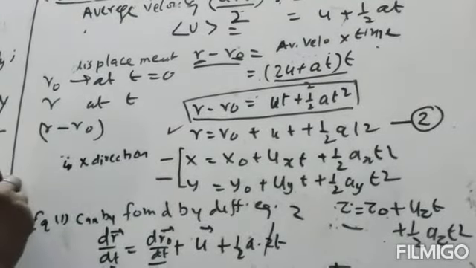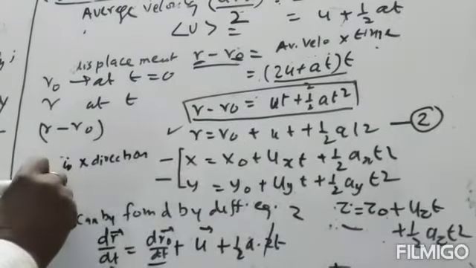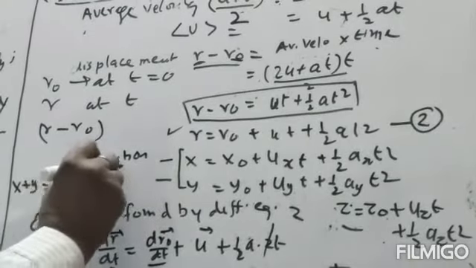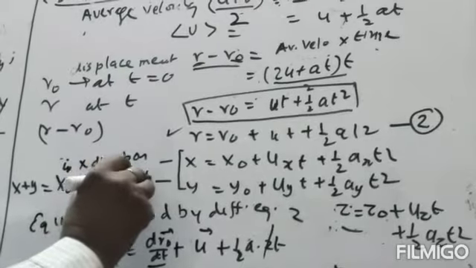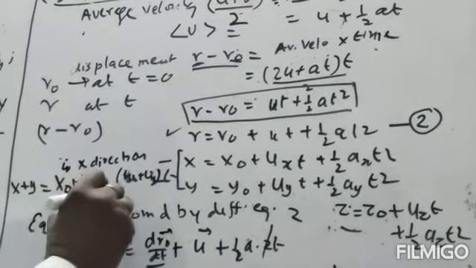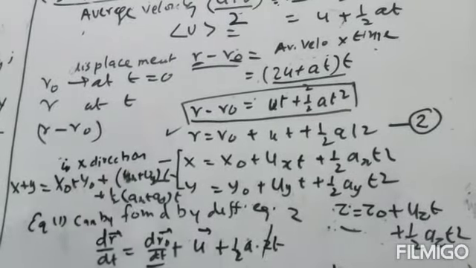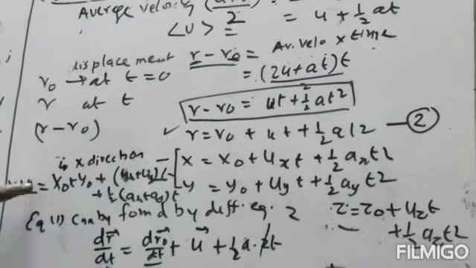Then x plus y will be equal to x0 plus y0 plus (ux plus uy) into t plus 1 by 2 (ax plus ay) into t square.